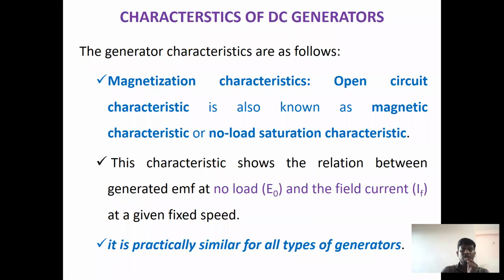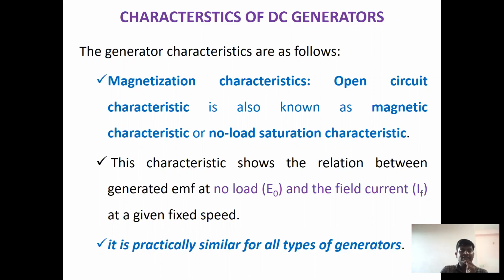Then, characteristics of DC generators. What types of characteristics are there? Basically there are two types: magnetization characteristics and load characteristics. The load characteristics are classified into two: internal characteristics and external characteristics.